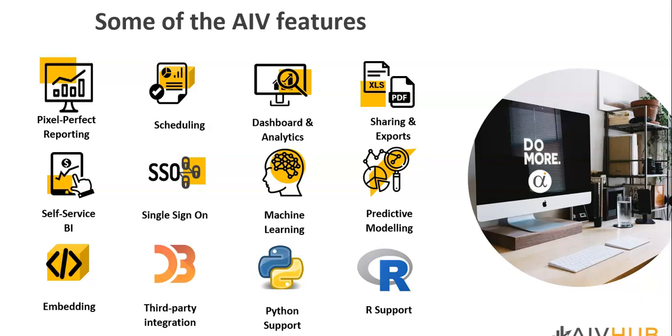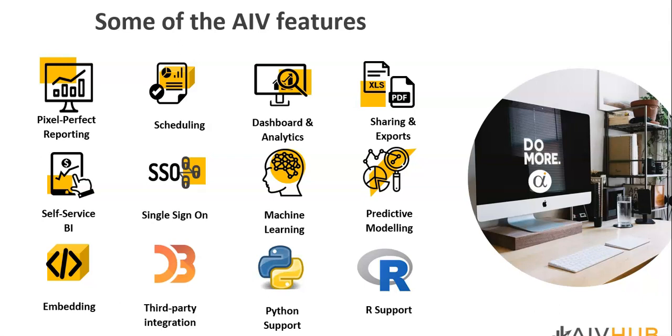AIV enables you to export and share the reports and dashboards into various output formats. These reports and dashboards can be embedded into any web application with the embed-ready code. It is easy to integrate with any third-party application. Using single sign-on, you can eliminate multiple login attempts.